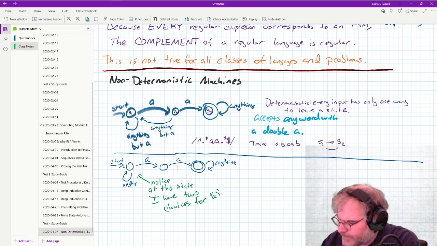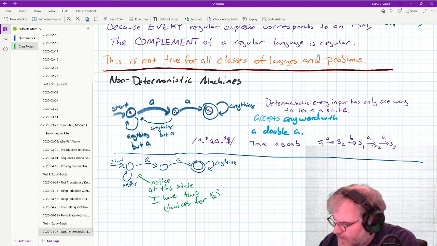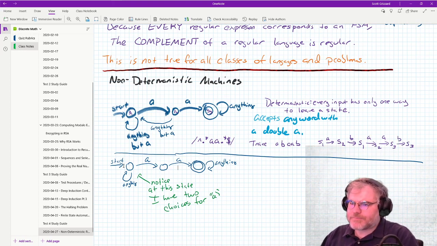to S1, back to S2, then to S3, and then to S3. Okay, so does everyone see that?